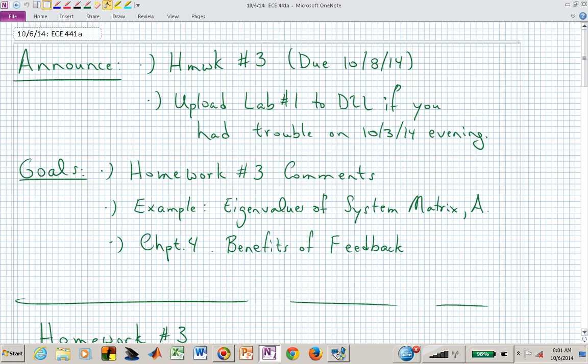Today what I want to go over are just a few comments on homework number 3. Hopefully that will minimize the time that you sit scratching your head wondering what's going on. Then we will simply illustrate the connection between the poles of a transfer function and the eigenvalues of the system matrix. I want us to start really appreciating that connection, because that's really lab number 2.